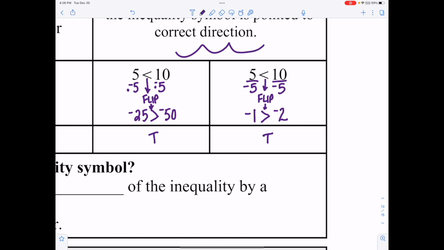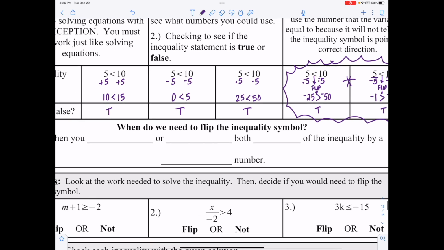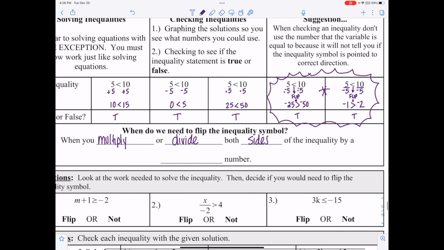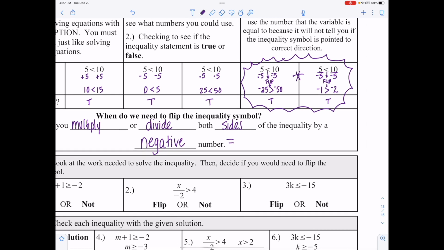Let's go ahead and make this stand out. You can do these little wavy things to realize that this is something special. When you multiply or divide both sides of the inequality by a negative number, flip the symbol.